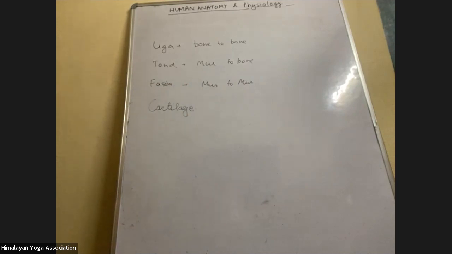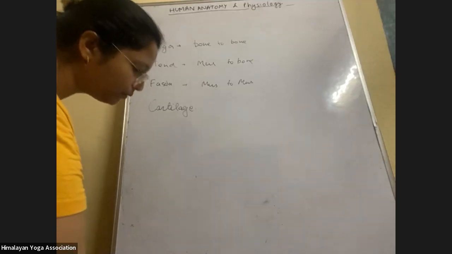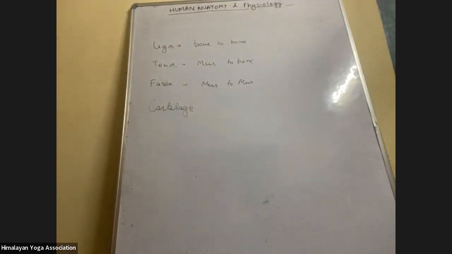So what happens when the cartilage is worn off? There is friction. Then what does that lead to? Diseases like arthritis.